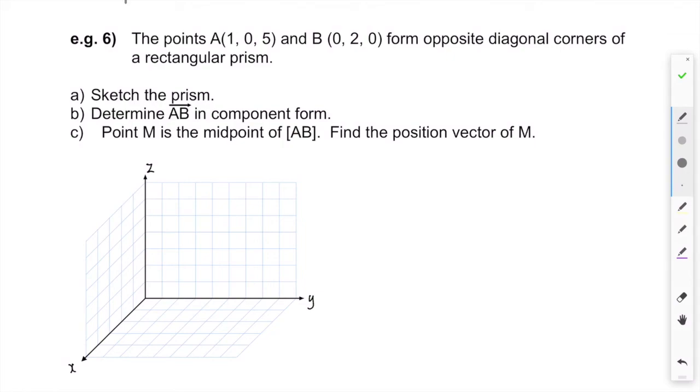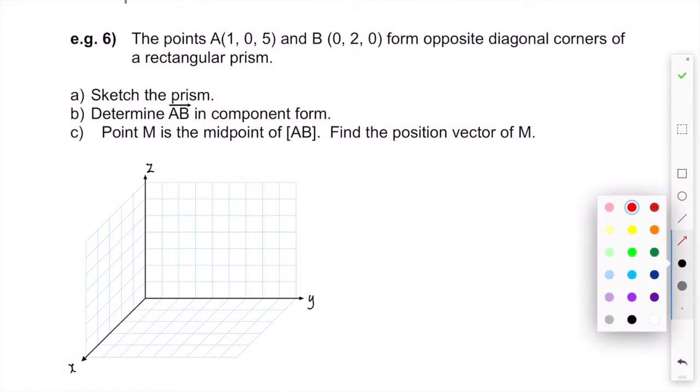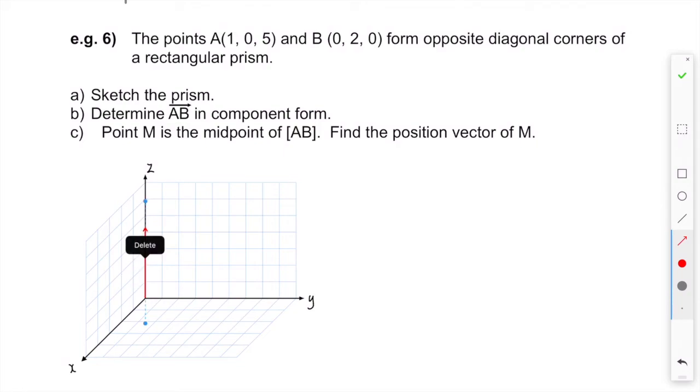And point A is: I go one step from the origin along the x-axis, 0 steps along the y-axis, so no change in that, and then 5 up the z-axis, so 1, 2, 3, 4, 5, like that.